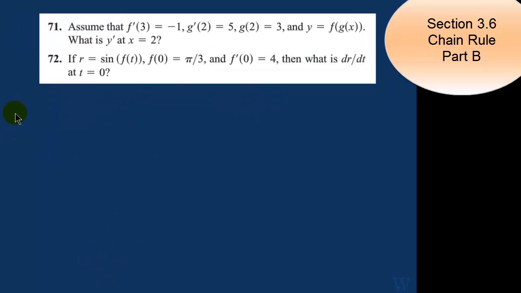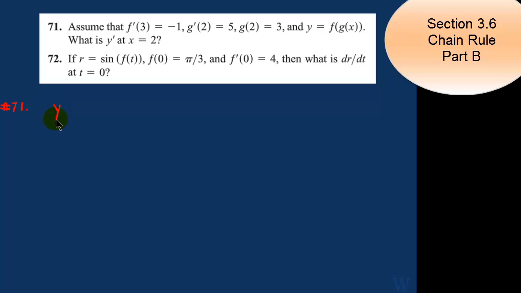Okay. Let's look at number 71. Number 71 says here that f prime of 3 is equal to -1 and g prime of 2 is equal to 5 and the value of g at 2 is equal to 3. So the question is, what is y prime of 2?